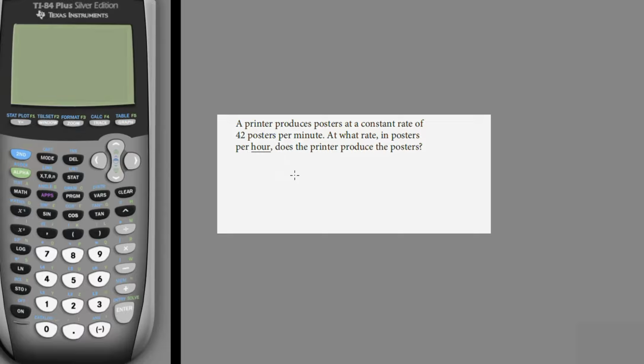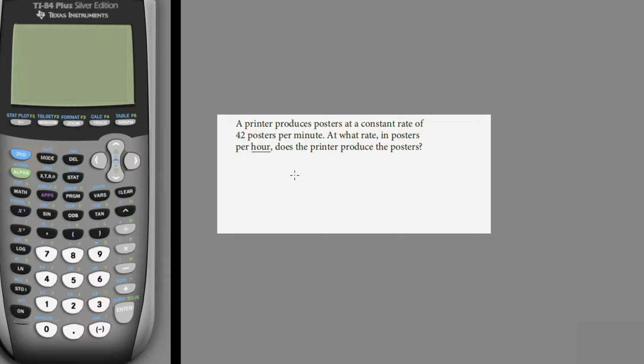So firstly, ask yourself, if the printer produces 42 posters per minute, then they're asking you how many posters the printer will be able to produce per hour. So ask yourself, how many minutes make up an hour?